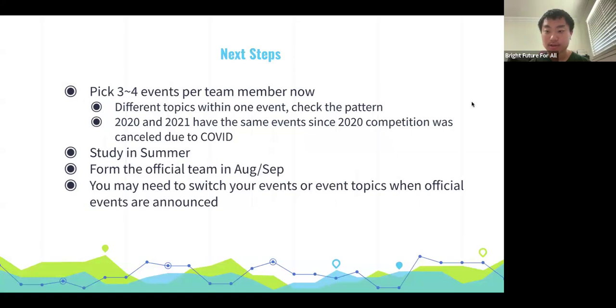Anyways. Okay, this is my definitely professionally warranted advice on starting. I don't know if your school is doing this, but basically at our school we're already starting to pick the events that each of us are going to study.